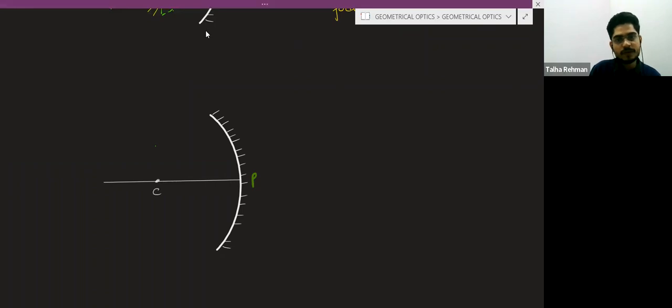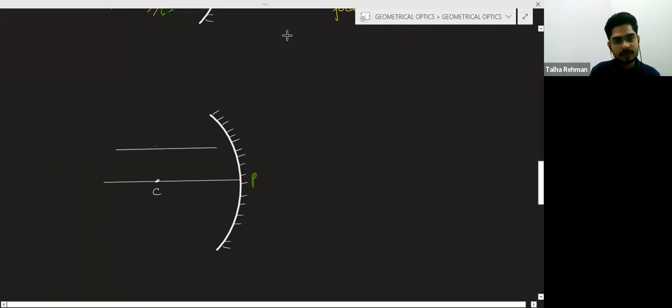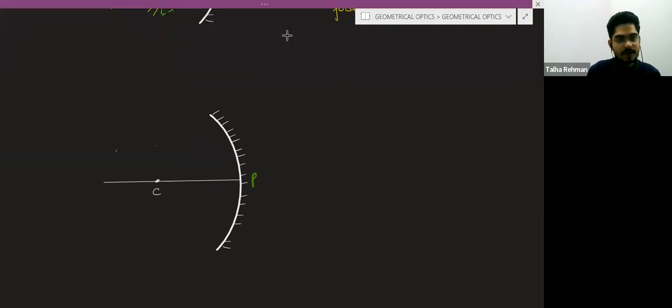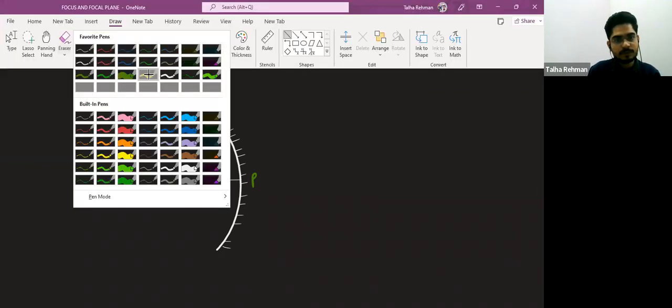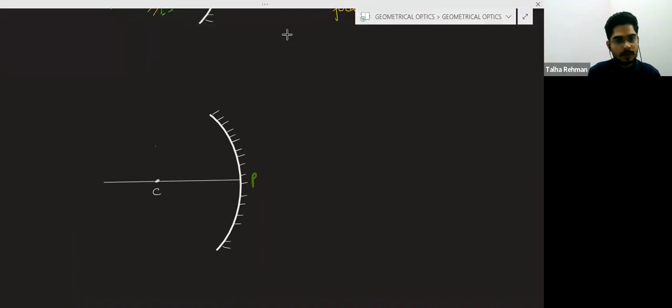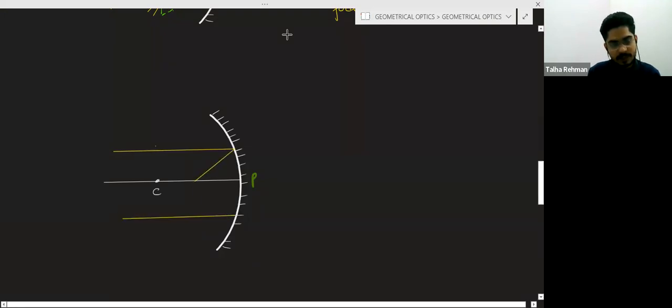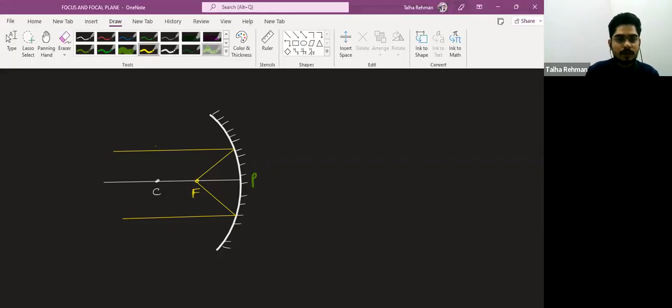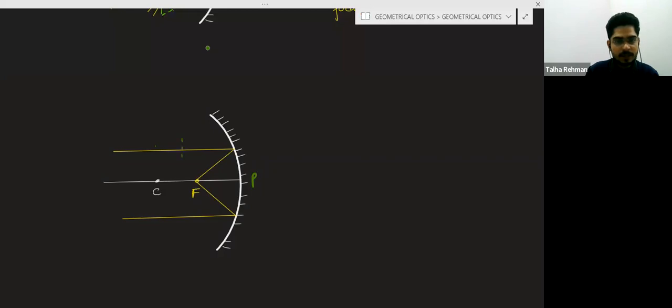Suppose the rays of light are like this, first ray is this, another ray is this. These rays will meet at the focus, we know, at a common point called the focus. So we can say that this focus point will also lie on the focal plane.